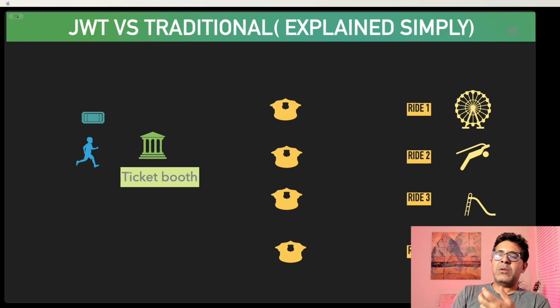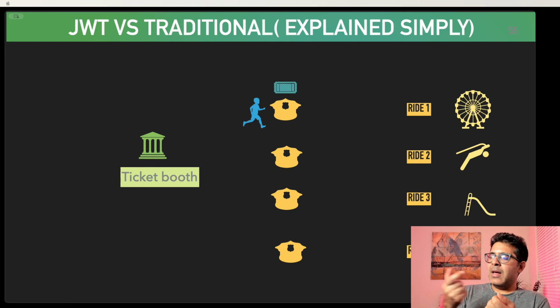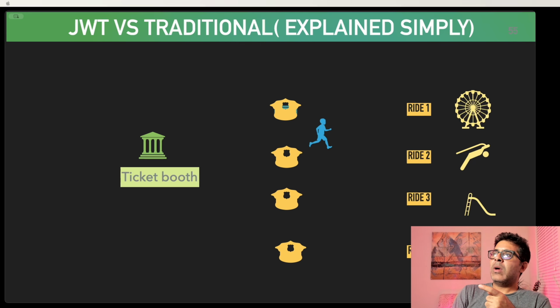You pay the money, you get the ticket, and now for each of the rides that you're going to do, you have to go to the security officer, who has a record book, and he's going to check, okay, your ticket number is 1001, and now I have to search for that particular ticket number in my record book. Think of that as a database or cache.